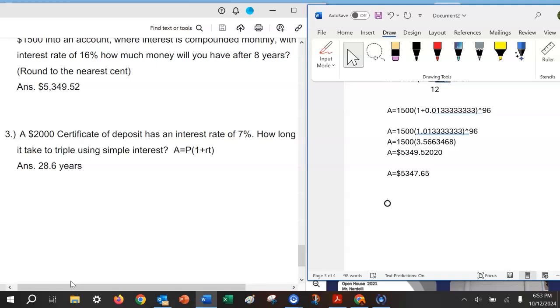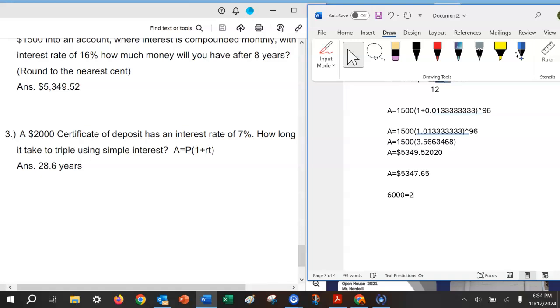So we have A. Well, first off, we know what A is. It says how long will it take to triple using simple interest. So that 2,000, we triple it. How long will it take to get 6,000? It's asking.